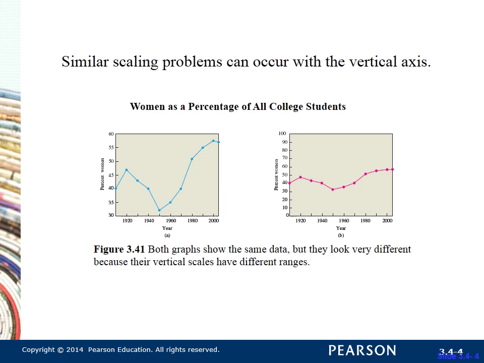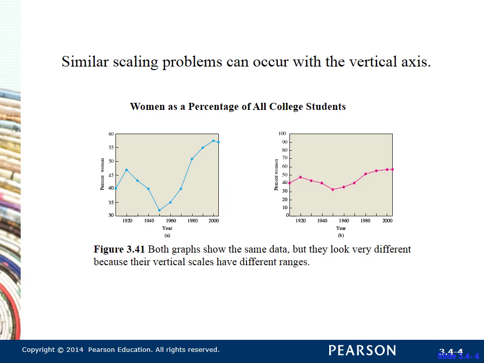All right, now here we've just got our regular graphs. If you look at these two, they don't look anything alike, but they're actually graphs of the same thing, women as a percentage of all college students. If you look at the left-hand one, it looks like it fluctuates all over the place. On the right-hand one, it fluctuates a little bit, but not as unsteady as it looks on the left. The reason? Both graphs have the same data.